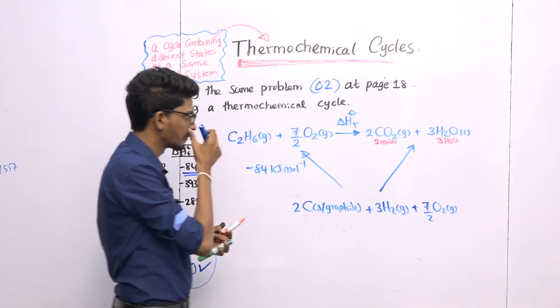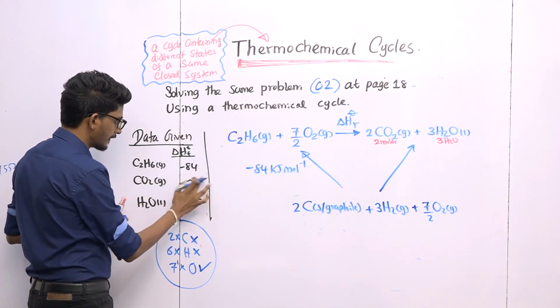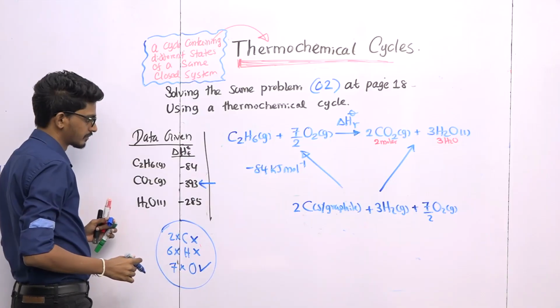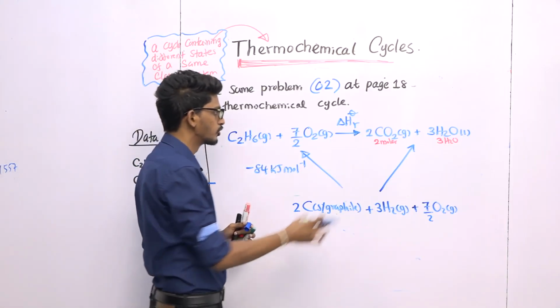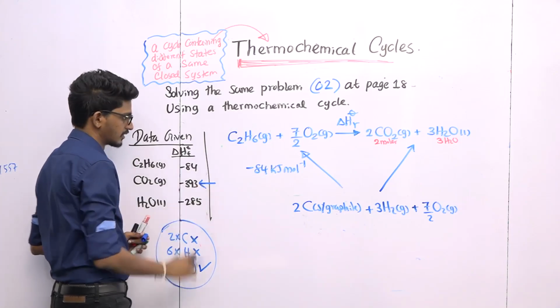To produce 1 mole of CO2, you need to apply this energy change, but we now have to produce 2 moles of CO2. So twice we need to apply this one.